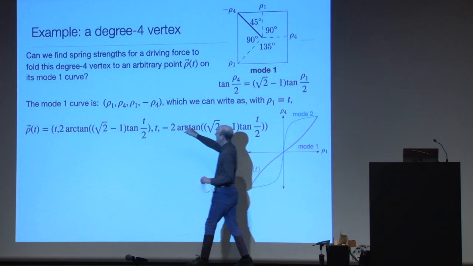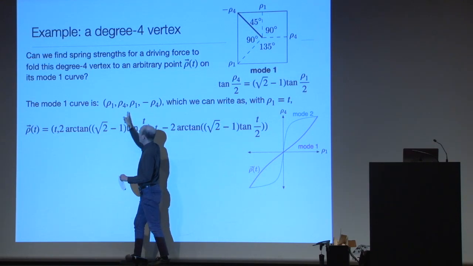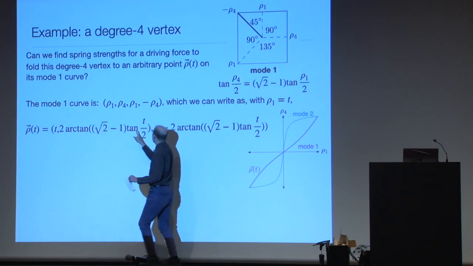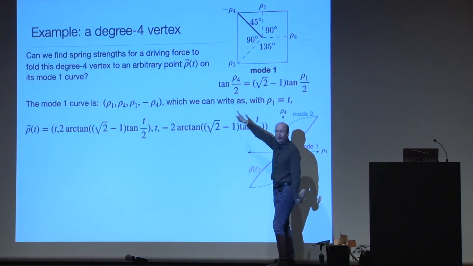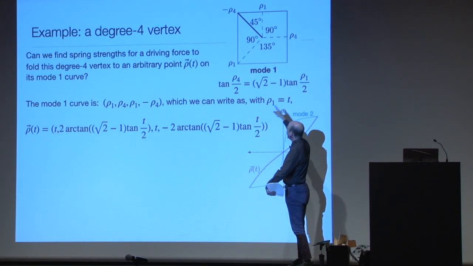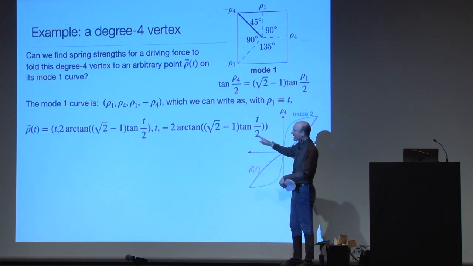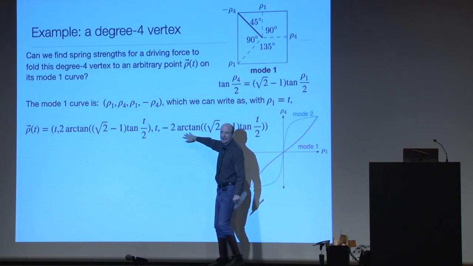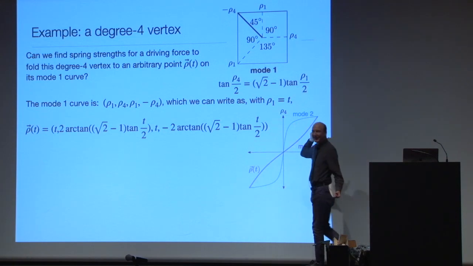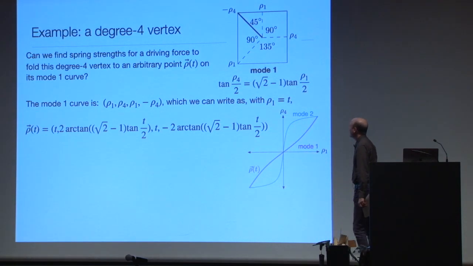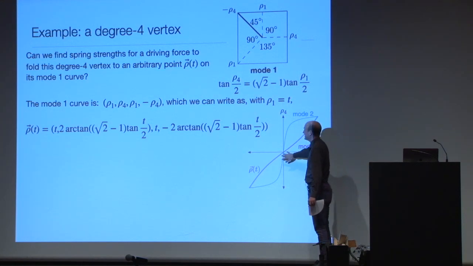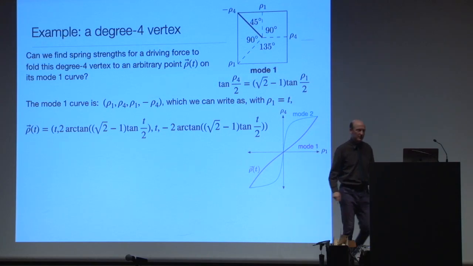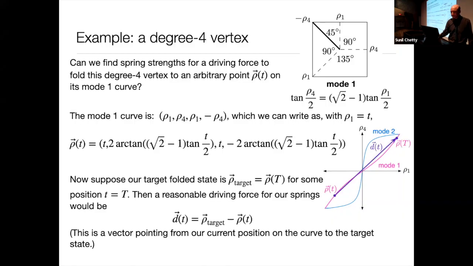That means the x-coordinate and the z-coordinate become t and t, but the others are governed by this formula. So you solve for rho 4, take the arctan of both sides, multiply by 2, and you get this garbage. So yay, arctan. Then if I just plot rho 1 and rho 4, I get something like this. Except this is just mode 1, so I don't have the equation for mode 2 yet.